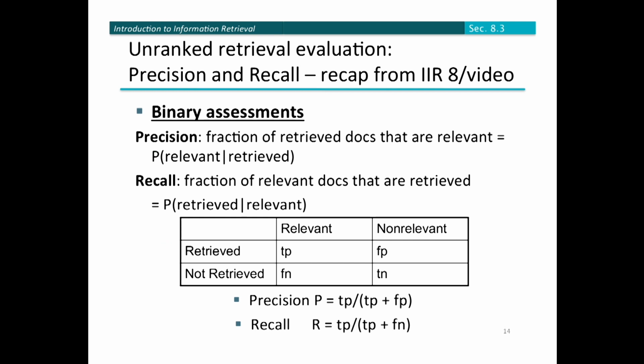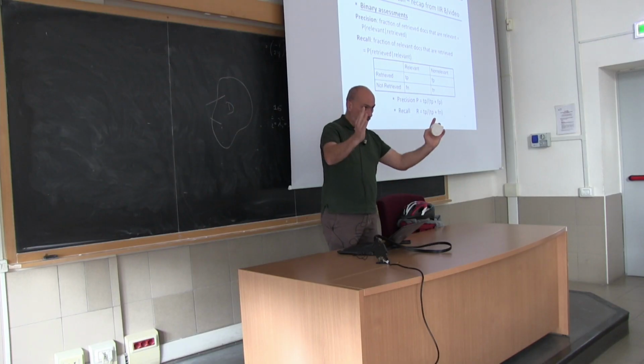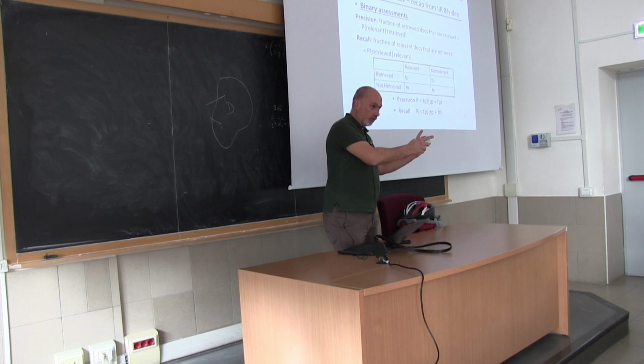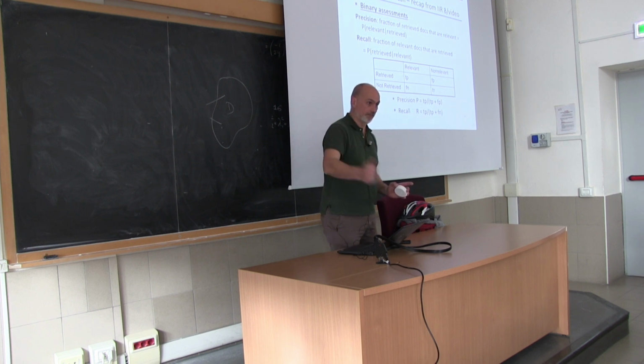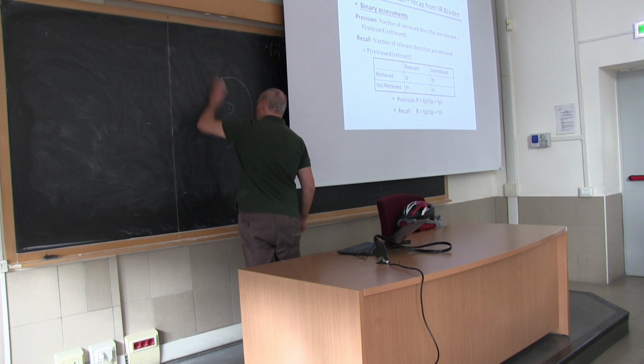So what are we interested in here? Now we want to measure relevance. Given that we have a collection of documents, then we have a query, and we know which documents of the collection are relevant for the query, because we are doing an experiment.